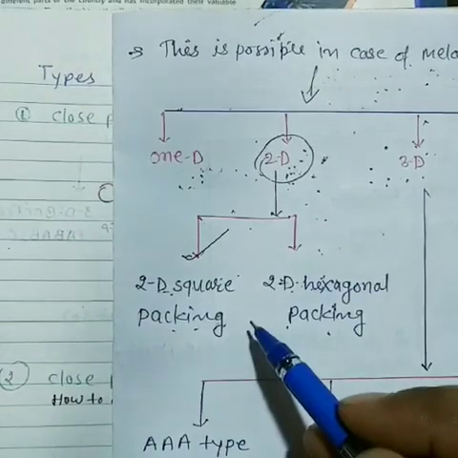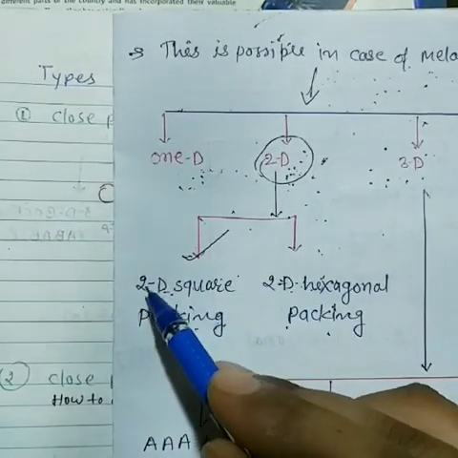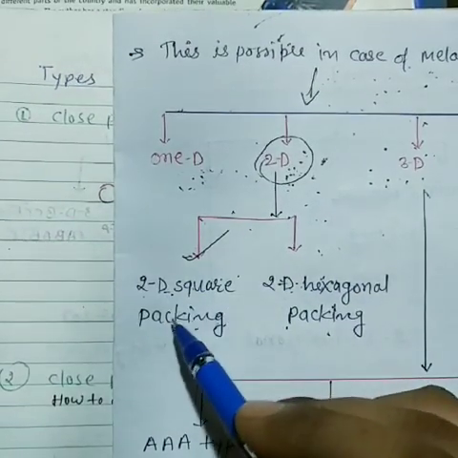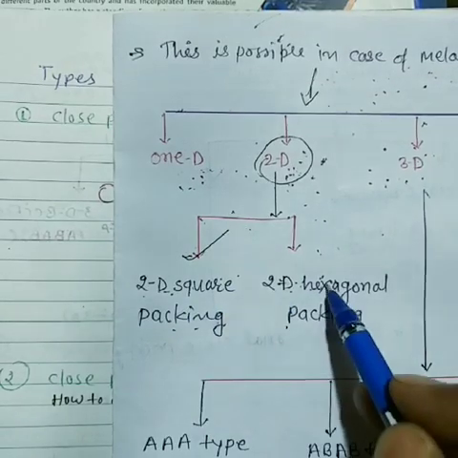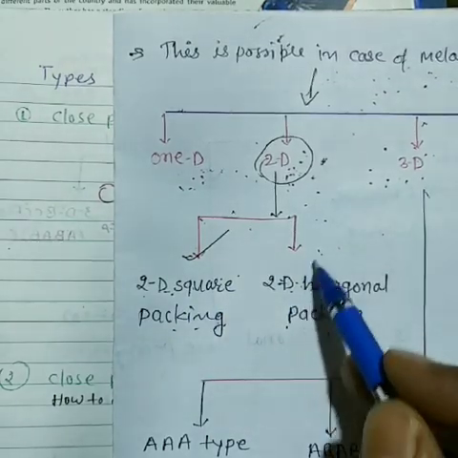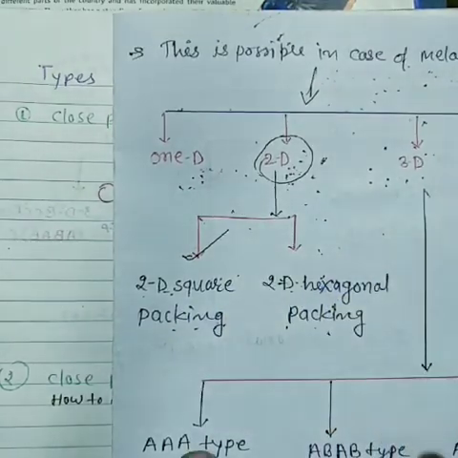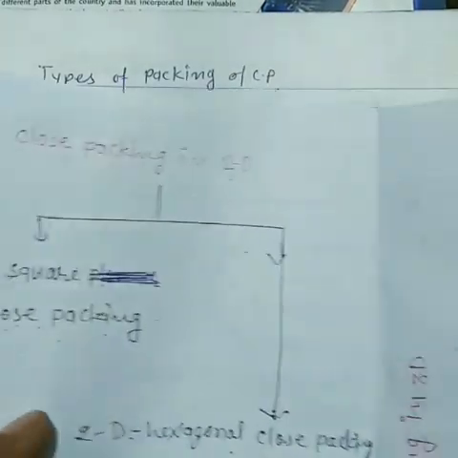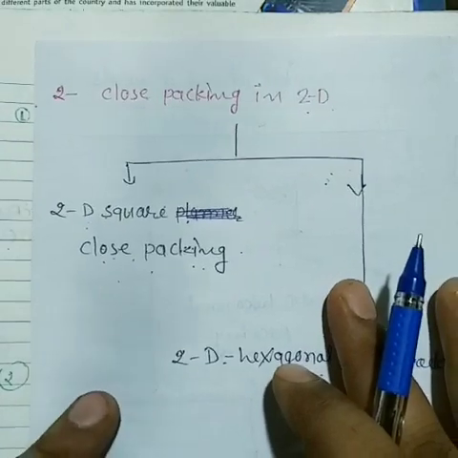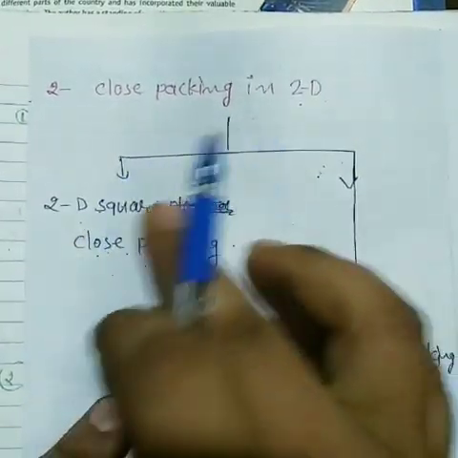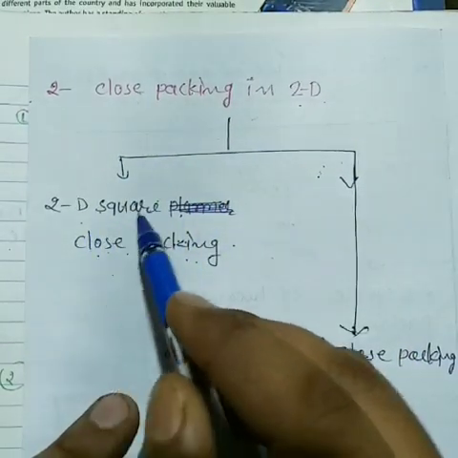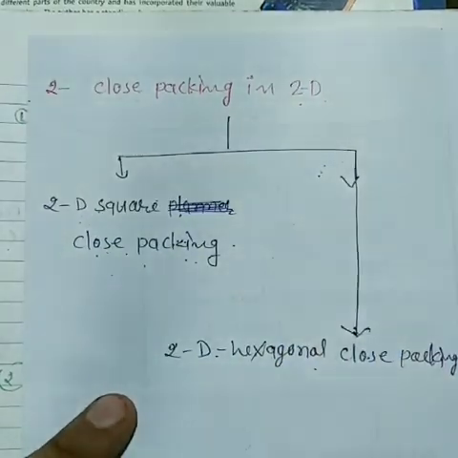So next one, 2D. Again in 2D there are two types: two-dimensional square close packing and two-dimensional hexagonal close packing. This is also very important. First of all, we will discuss two-dimensional square close packing.